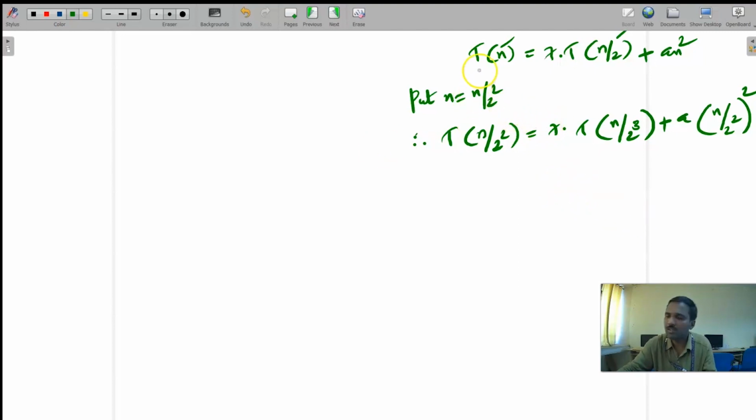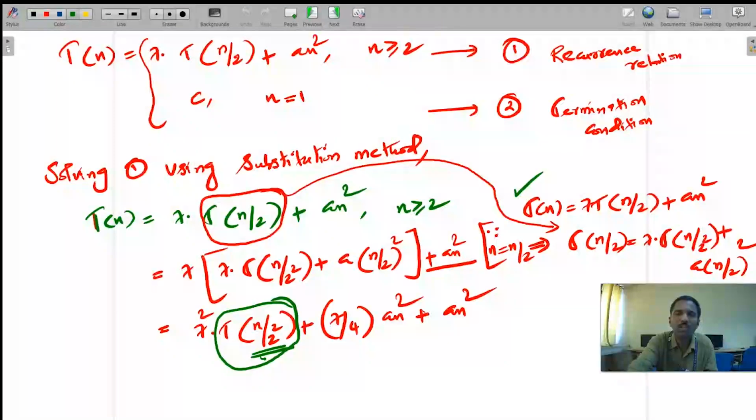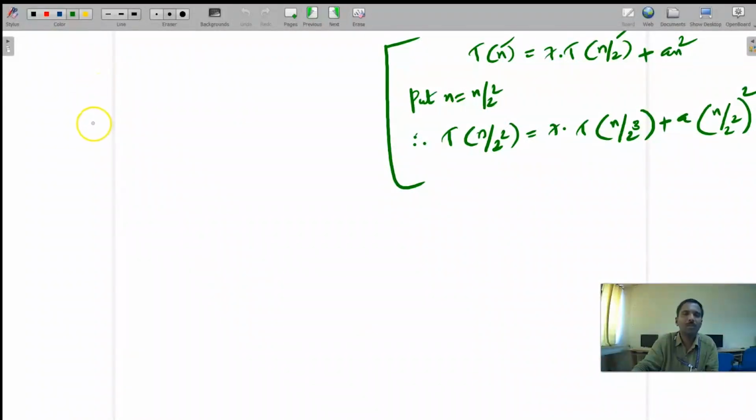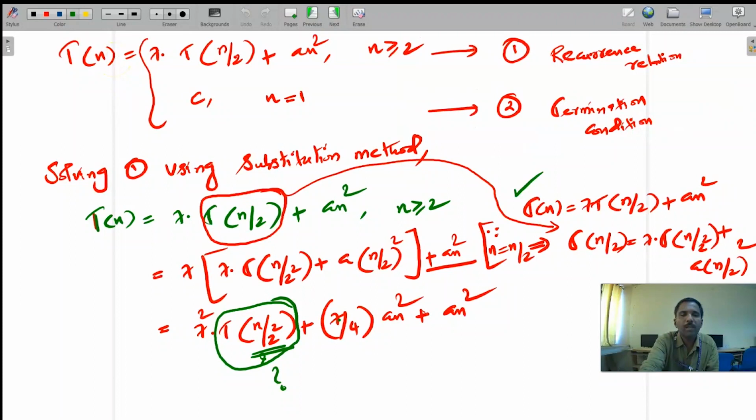Now this result is being substituted into the earlier equation in which T of n by 2 power 2 appears. Substituting this value here, left hand side is T of n. So we write T of n is equal to 7 square into T of n by 2 power 2.